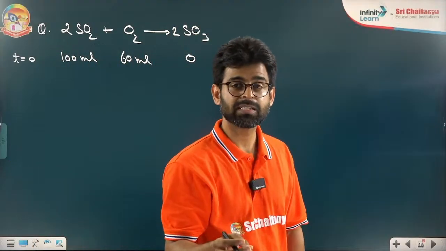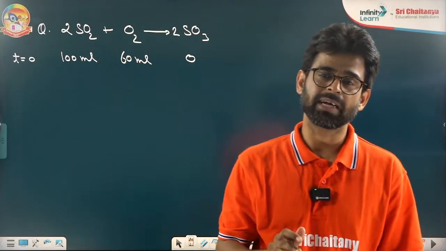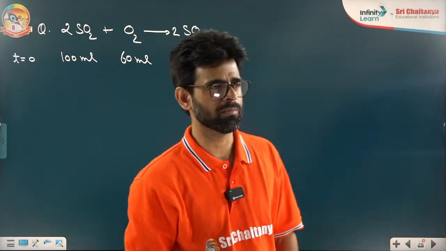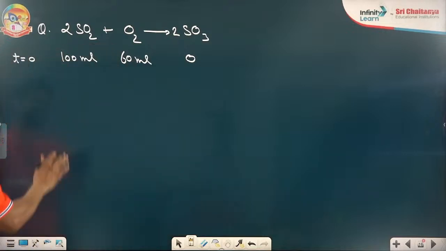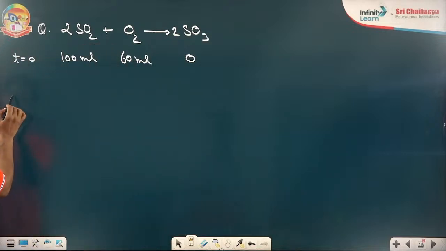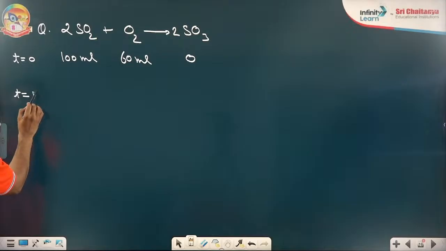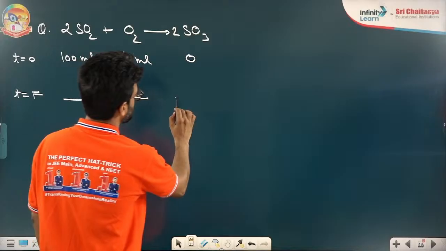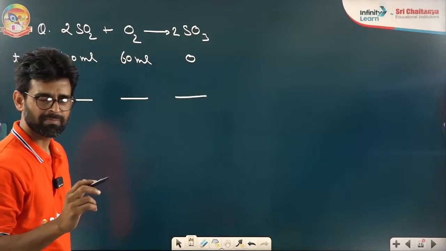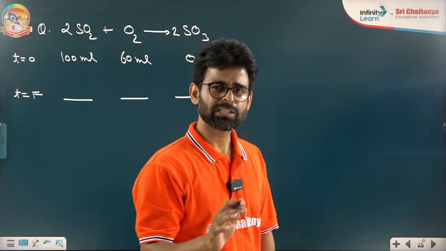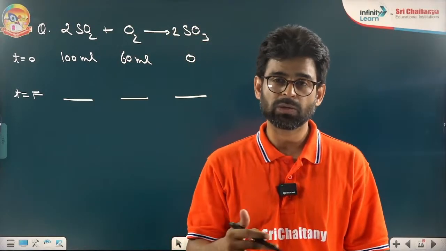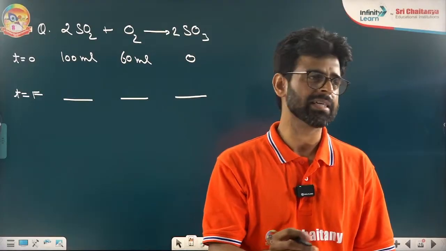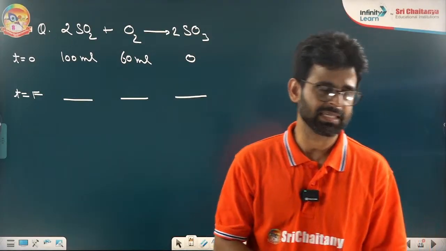First of all, find which one is the limiting reactant, then find the volume of SO3 finally and the remaining volume also. When the reaction stops, what will be the volume here and here? As I explained yesterday, in volume questions there is no need to convert volume into moles. You can directly find which one is the limiting reactant.